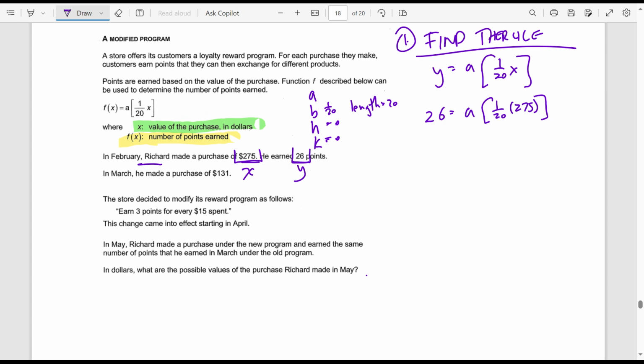I don't like my brackets there, and I really want to isolate A. So let's tackle inside the brackets first. We're going to go 1/20th of 275 and give ourselves something like 26 is equal to A times the bracket of 13.75. Now the brackets are still there and we have a decimal.